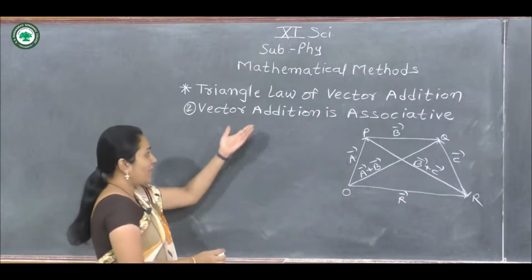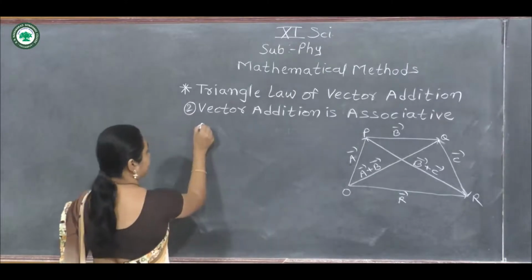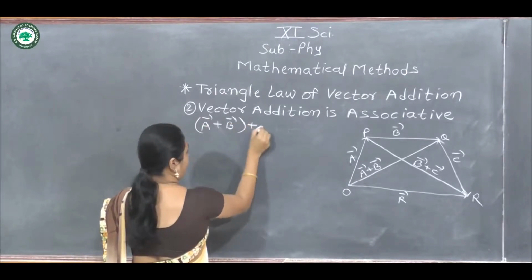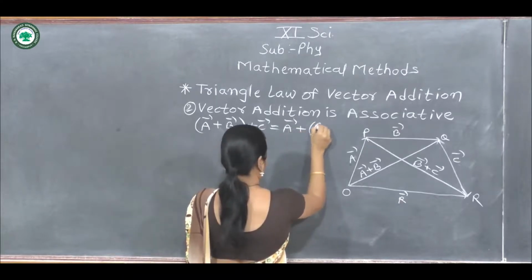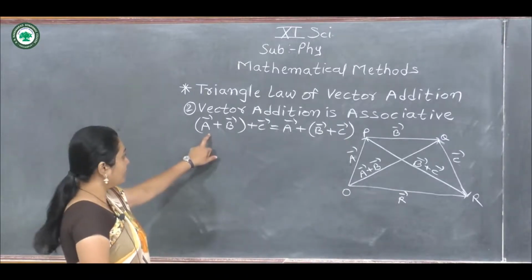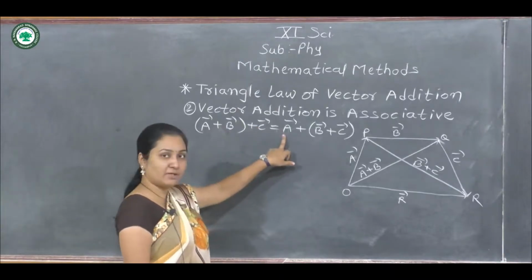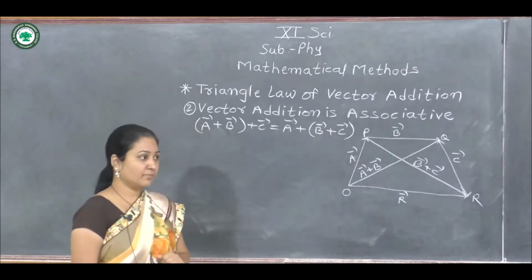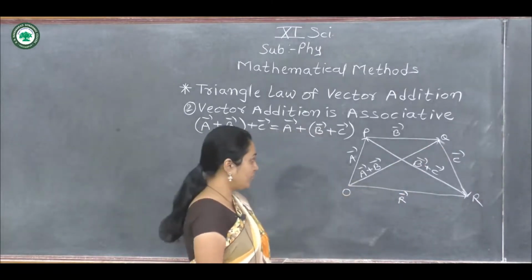Now we have considered that vector addition is associative. That means we have to prove that A bar plus B bar plus C bar is equal to A bar plus B bar plus C bar, with the brackets grouped differently. Now for this, by considering this diagram, we can prove it.